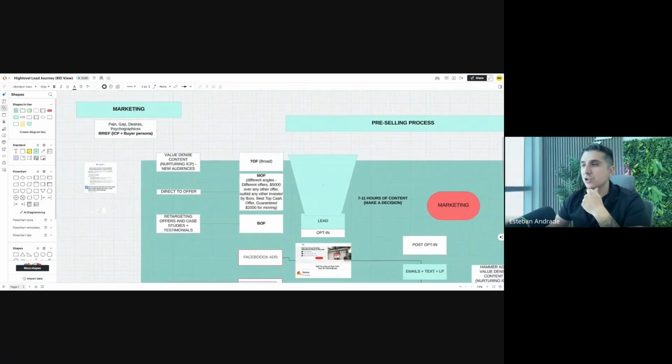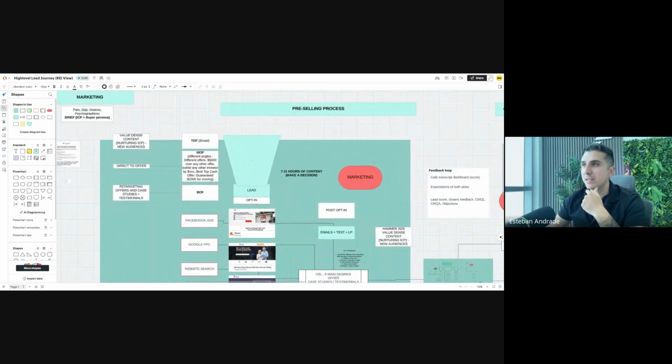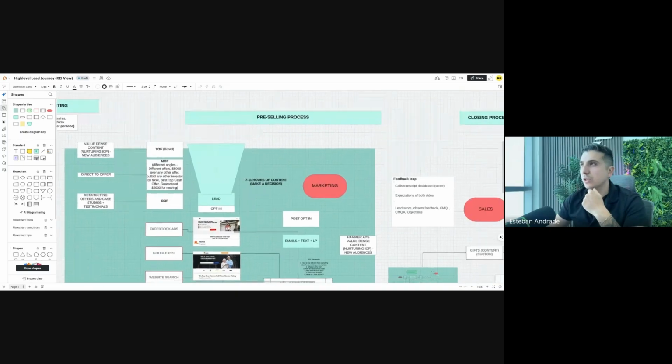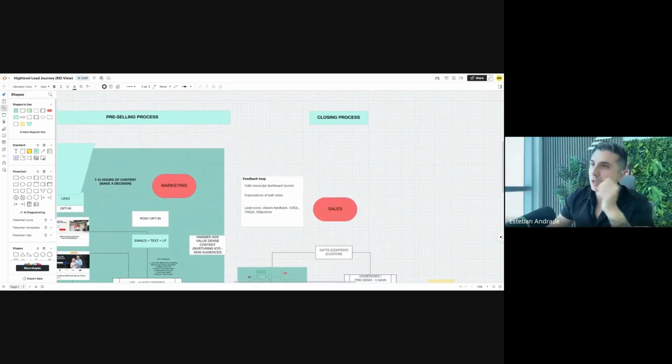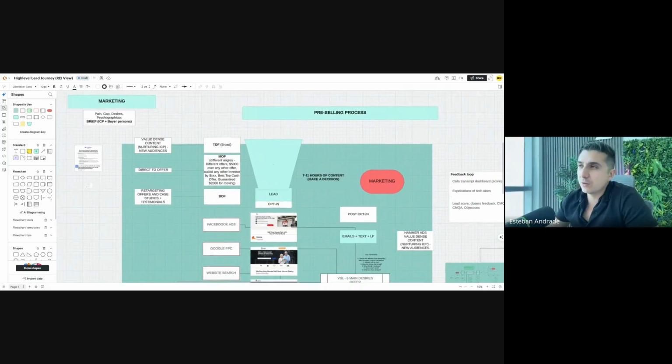And just understand that if you don't have a really good pre-selling process and a really good closing process for each type of individual, and understand where they are in terms of their level of quality, let's just call it that, you will have a hard time closing these individuals, right?